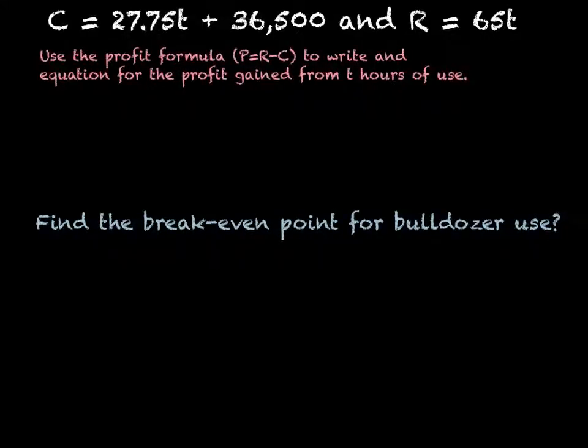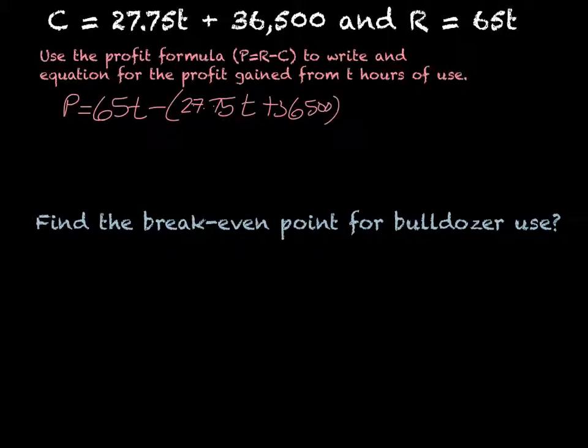Okay, now we're going to use those two previous things that we found, and we're going to find the profit formula. So P equals R minus C to write an equation for the profit gained from T hours of use. So P is going to equal 65 T minus the whole thing of 27.75 T plus 36,500.